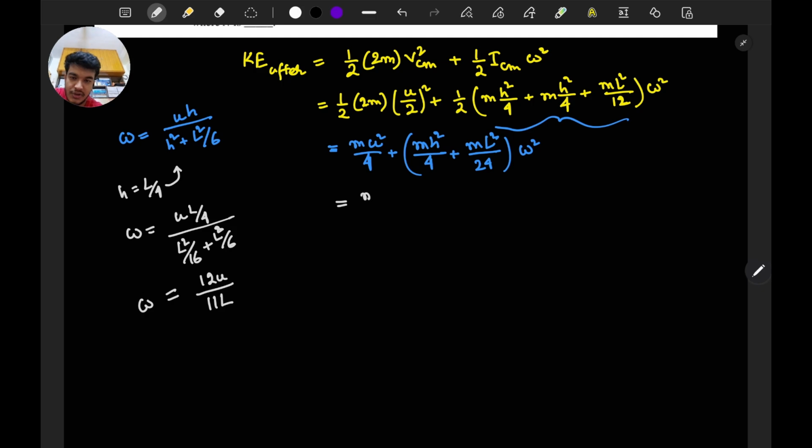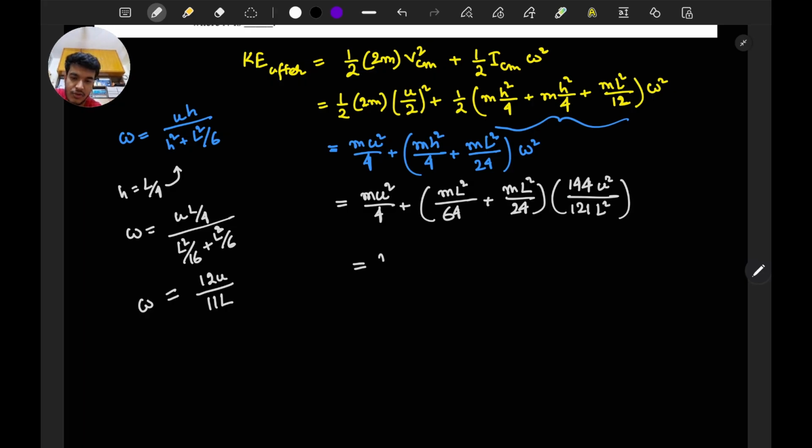So if I continue this here, ms square by 4 plus mh is L by 4, so I can write ml square by 64 plus ml square by 24, and here it is 144 mu square by 121 L square. So if you solve this right here, you would get 64 is 16 into 4 and 24 is 6 into 4.